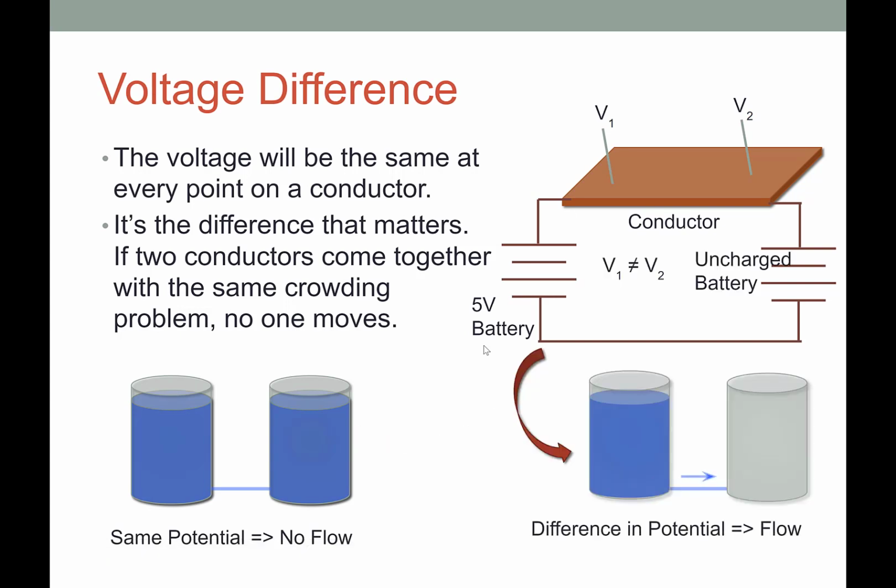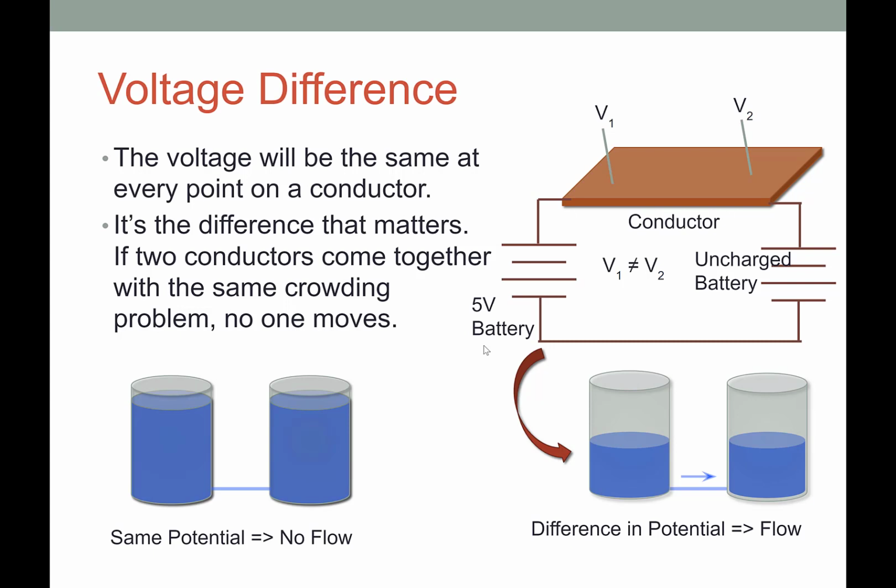However, if I were to connect a charged battery to an uncharged battery, then I have a difference in potential, and that causes electrons to flow, which is similar to what would happen if I had a tank that was full and I connected it to an empty tank. I would see that water would flow until the two had equal levels, or equal potential.